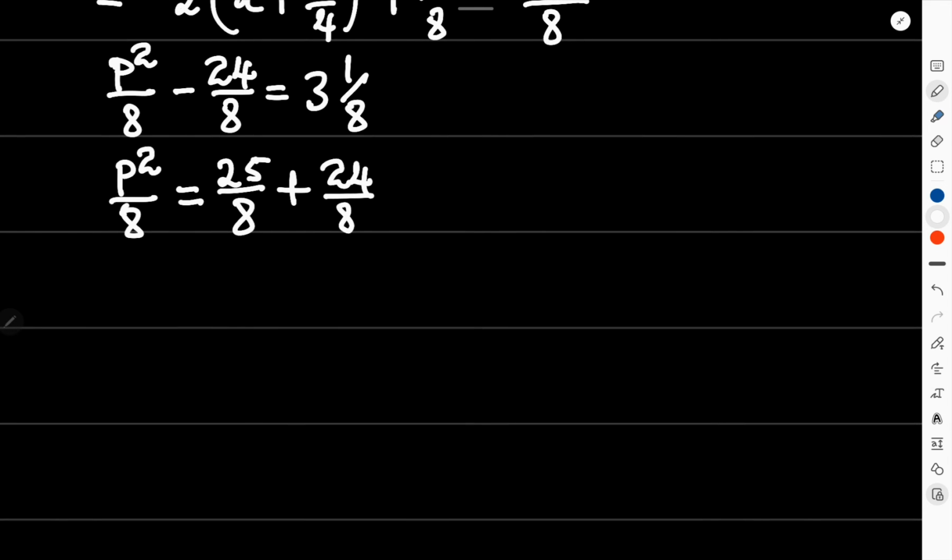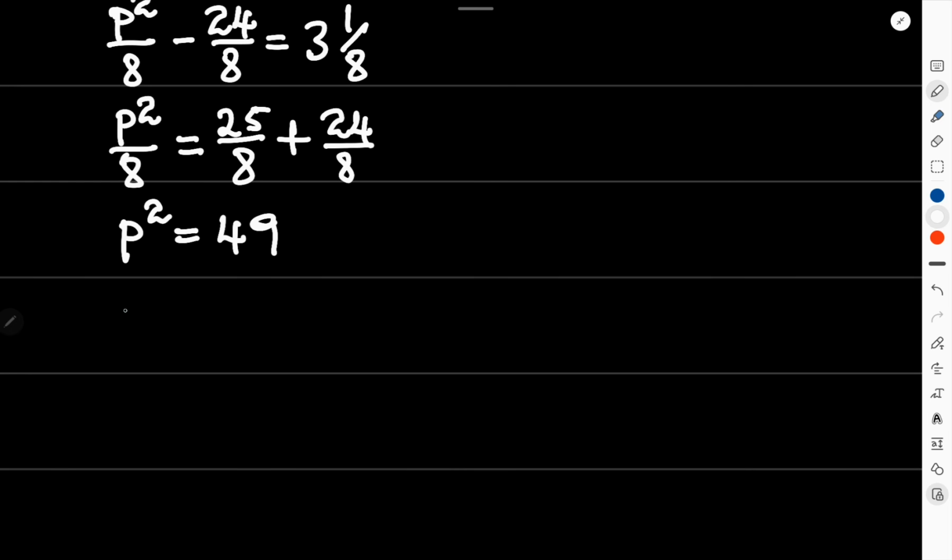We can multiply both sides by 8 to get rid of the denominator 8. So we are left with p squared equals 49, meaning that p will be equal to plus or minus 7 when we remove the square.